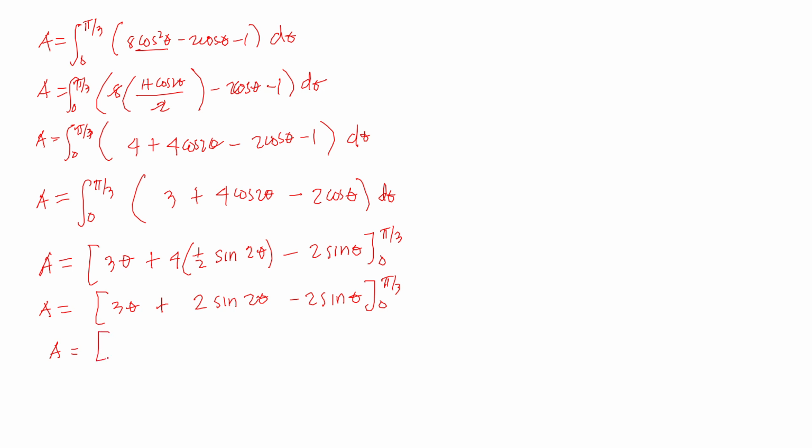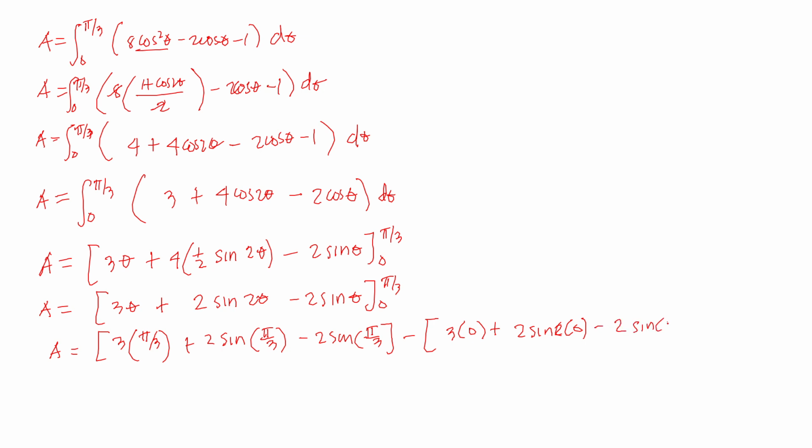Okay, we have 3 times pi over 3 plus 2 sine 2 pi over 3 minus 2 sine pi over 3, then minus 3 times 0 plus 2 sine 2 times 0 minus 2 sine 0.